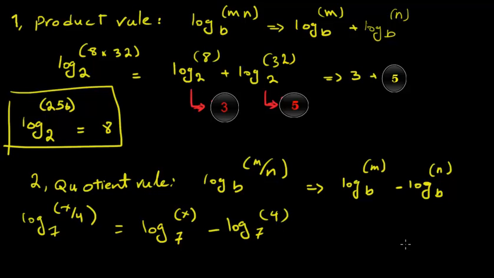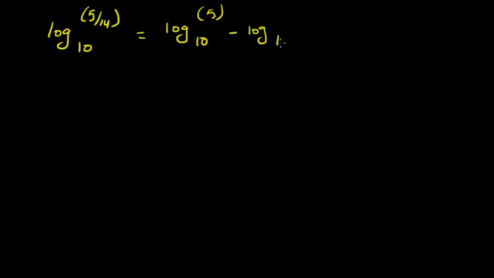Sometimes the numbers are very big and we break them into factors, so it's easy to handle. For instance, let's say we have log 10 of 5 over 14. We can write it as log 10 of 5 minus log 10 of, you can break 14 into 2 and 7, right?